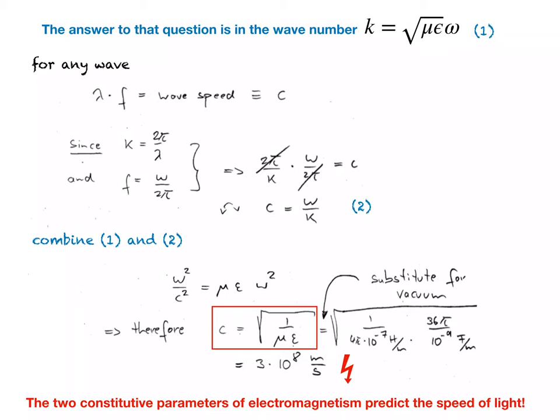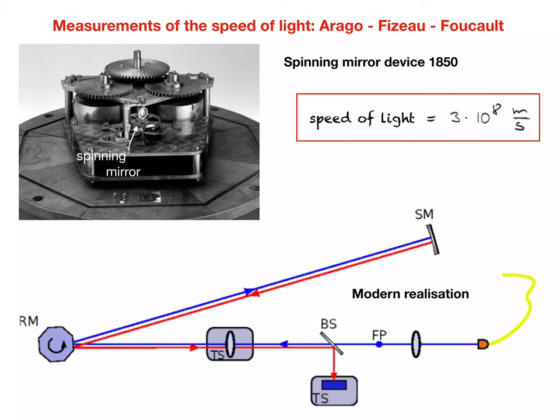This is the surprising result. 3 times 10 to the 8 meters per second is the speed of light in vacuum. The two constitutive parameters of electromagnetism predict the speed of light. Only a few years before Maxwell developed his theory of electromagnetism, the speed of light had been measured in experiments carried out by Arago, Fizeau and Foucault in France.